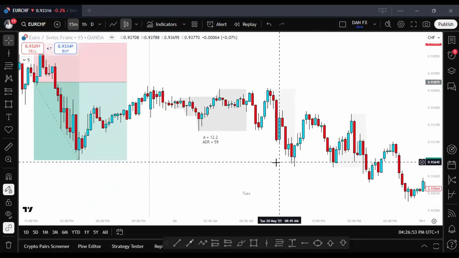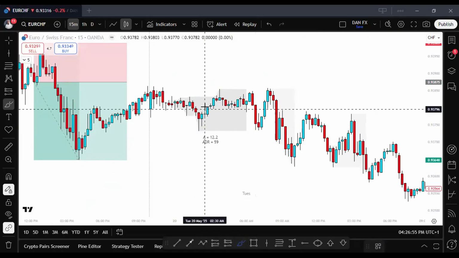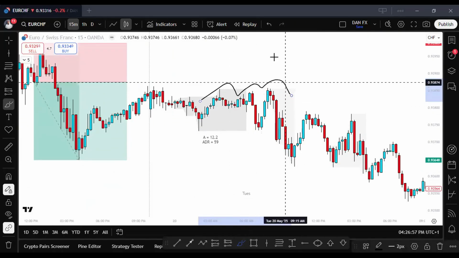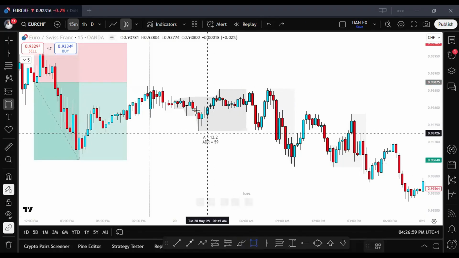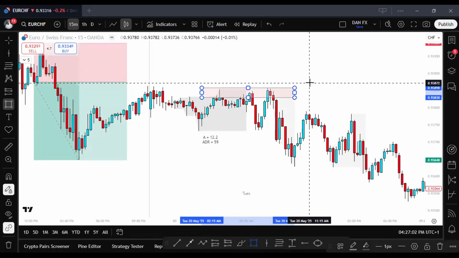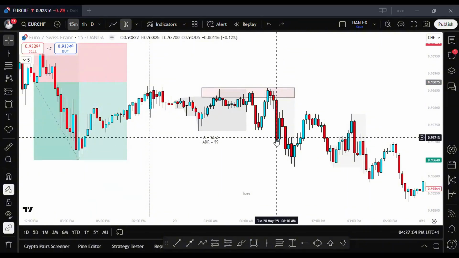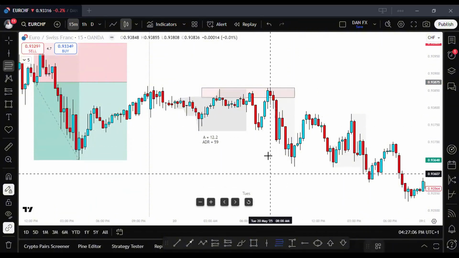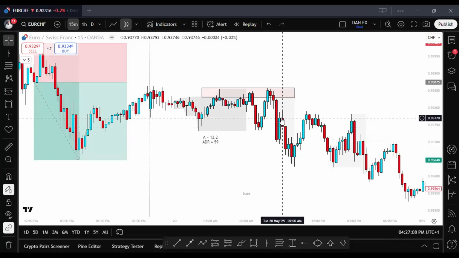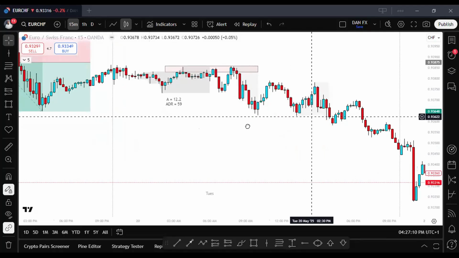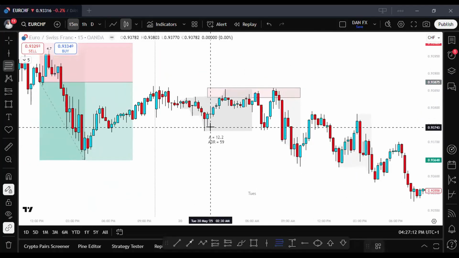I think we do have somewhat of a type 2, with 3 hits to this high here. But this candle is way too large to enter unless you enter on the 50% of the candle. And even if you enter on the 50% of the candle, after 2 hours, price came back to hit your break even. So there's really nothing there.